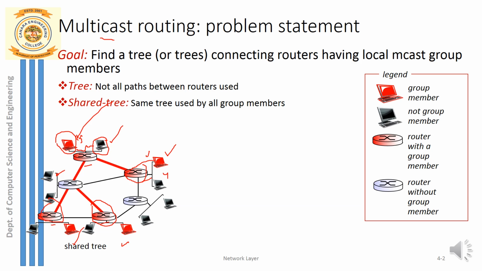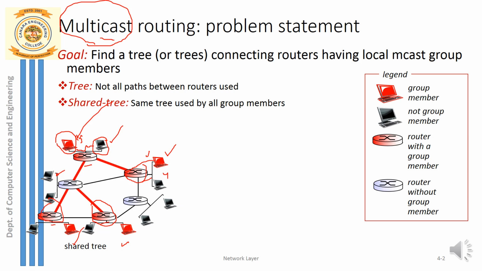So this forms one group of nodes, or you can call them a subset of nodes in the network, and you can now call them a multicast tree. Here the multicast tree is all the members that are part of this group. Any one node will be sending to a group of nodes, not all the nodes in the network.